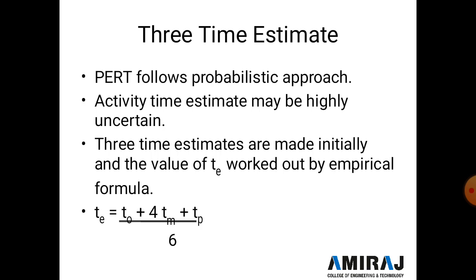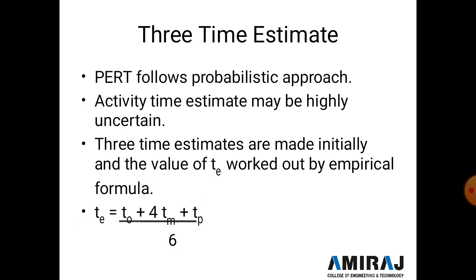It's the most important formula for the CPM network and PERT network. In a PERT diagram, three times are given: TO, TM and TP. TO is the optimistic time, TP is the pessimistic time, and TM is the most likely time. In the next slide we discuss all three, and TE is the estimated time.